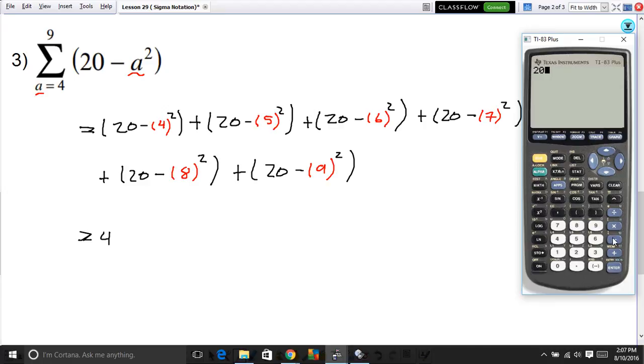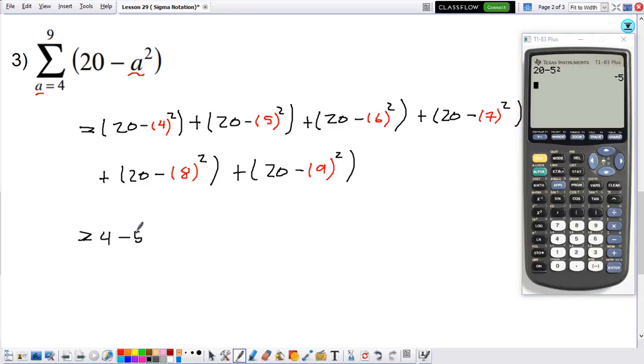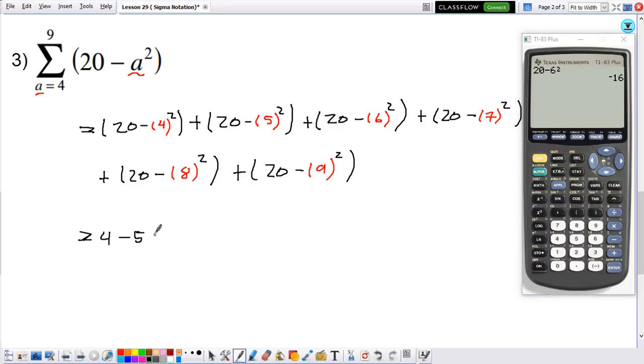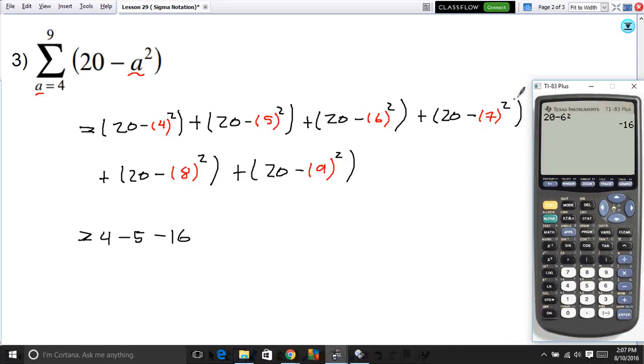So we got 20 minus 5 to the second. So we got negative 5 now. Then we're going to figure out the next term, 20 minus 6 to the second. So we got minus 16 now.